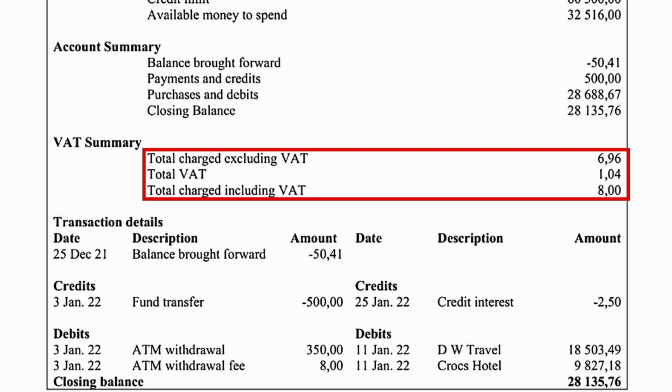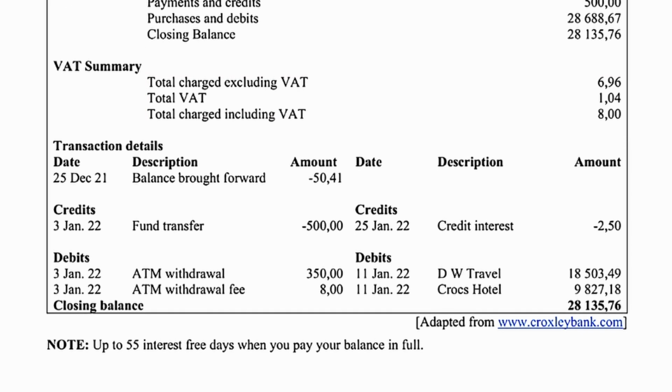3rd of January. The transaction details are as follows. The balance brought forward at the start of the statement period was negative 50 Rand 41 cents. On the 3rd of January, 500 Rand was transferred into the account. On the same day, a withdrawal of 350 Rand was made at an ATM. Because this withdrawal was made at an ATM, a withdrawal fee was charged to the account.